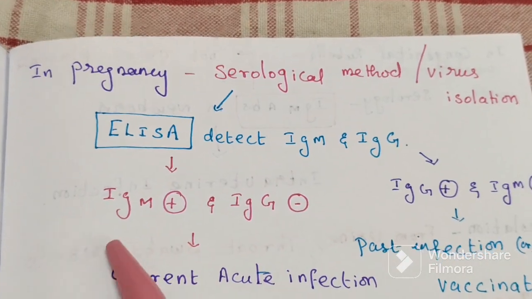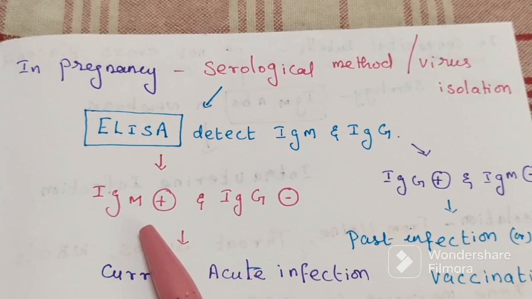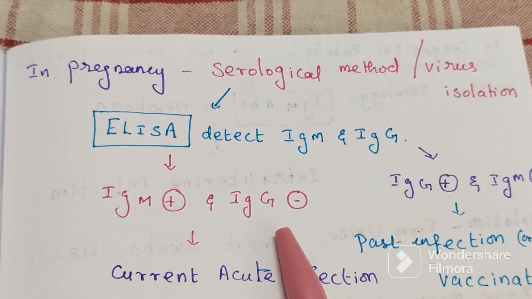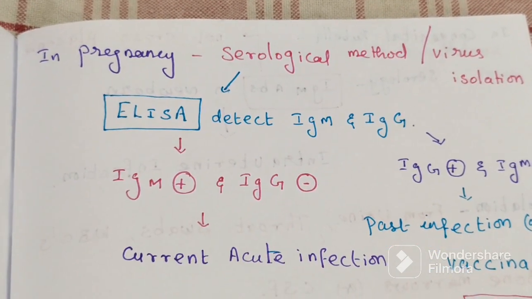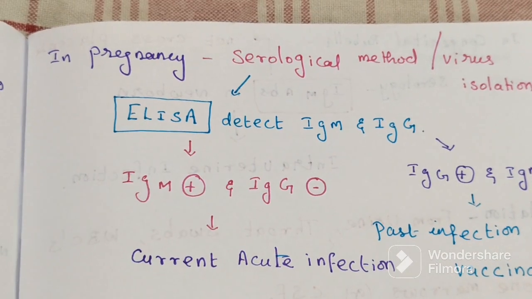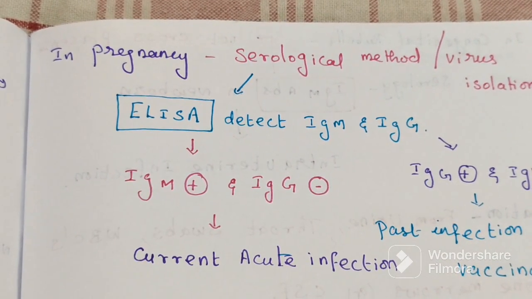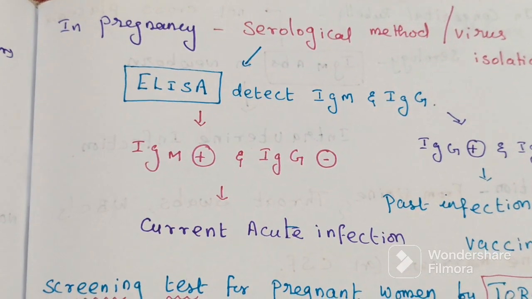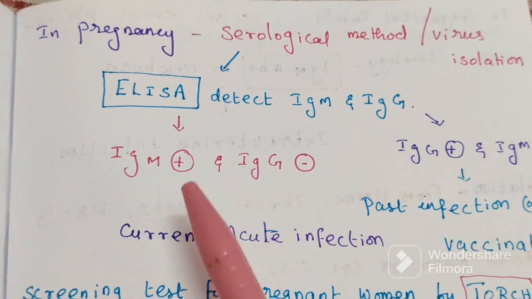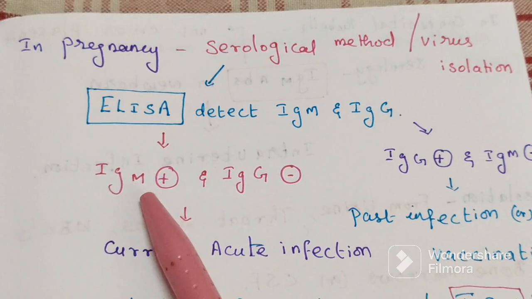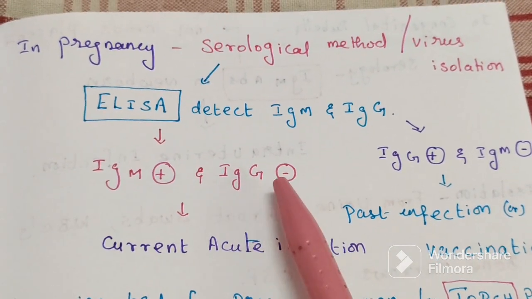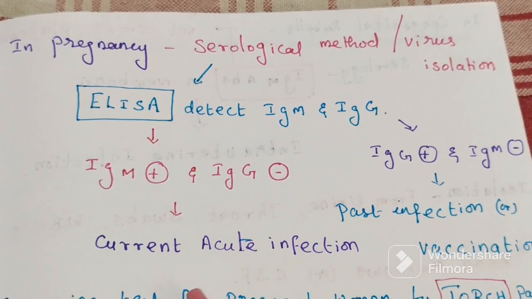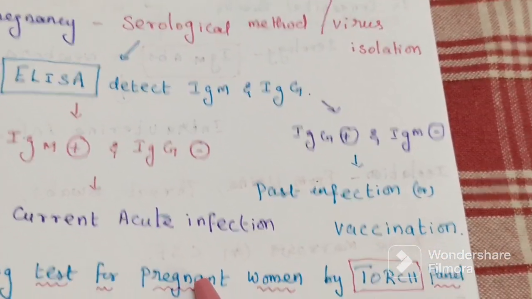If IgM antibody is present and IgG is absent, it indicates current acute infection.